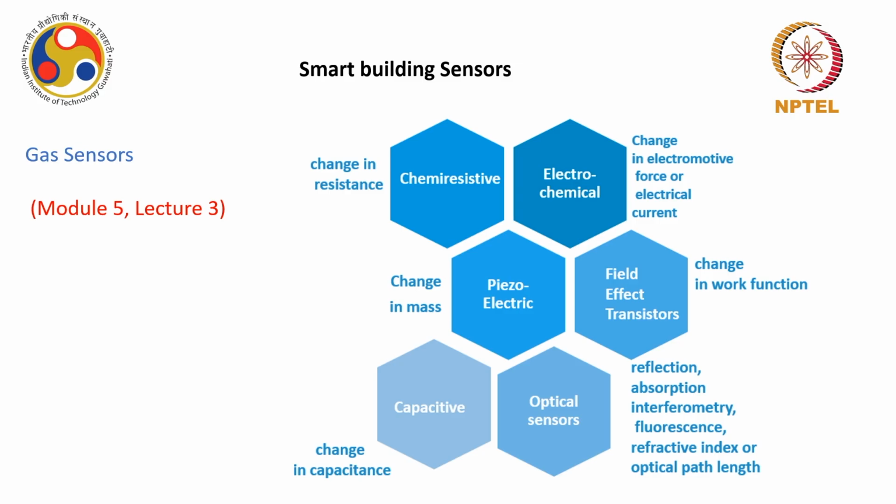Okay. Another kind of sensor which is required for smart buildings is the gas sensor. We have talked about gas sensors in module 5 in more detail, specifically the third lecture and beyond. Okay. So, we have talked about how there can be various transduction techniques for developing these gas sensors.